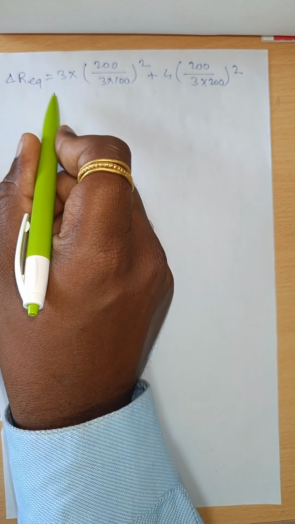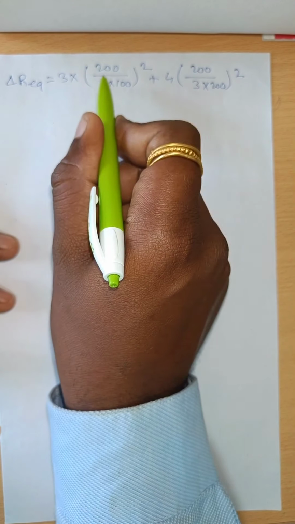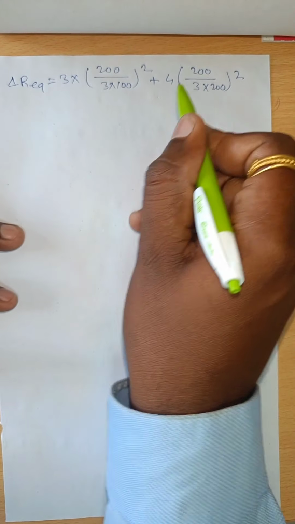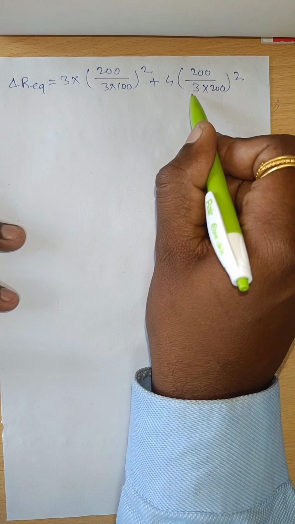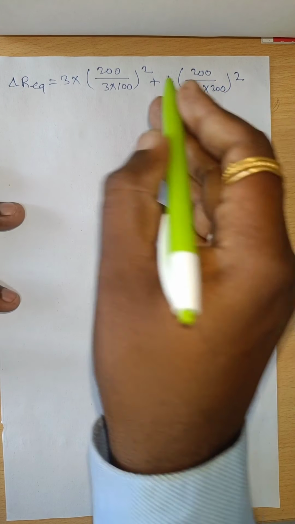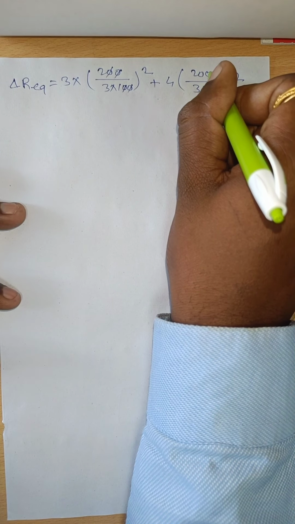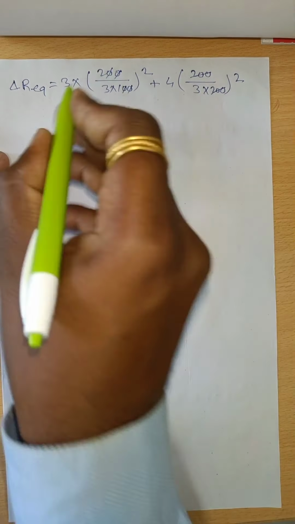Delta R equivalent is equal to 3 into (200 divided by 3 into 100) whole square plus 4 into (200 divided by 3 into 200) whole square. The two zeros cancel, and here the 200 cancels.